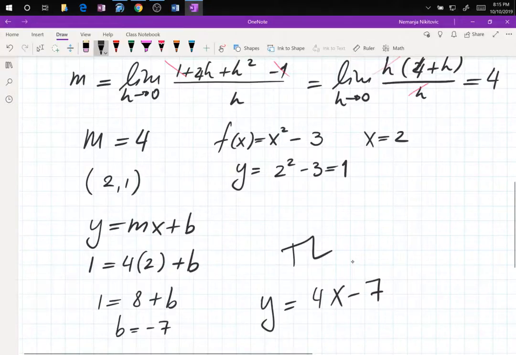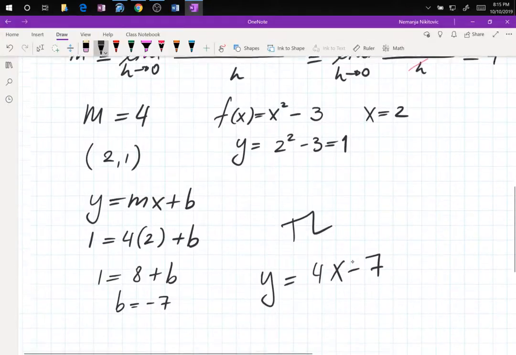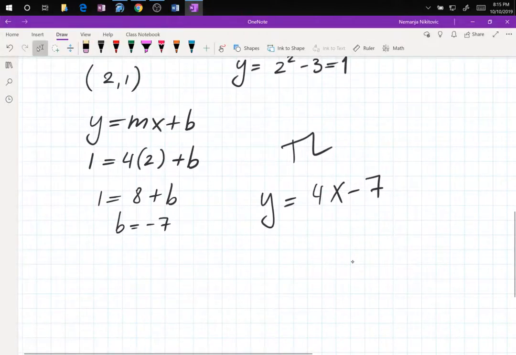And we know it's good because, as you can see, they do touch over here at x equals 2, the point (2, 1). The tangent line touches the function. So 100% okay. So now what happens next?